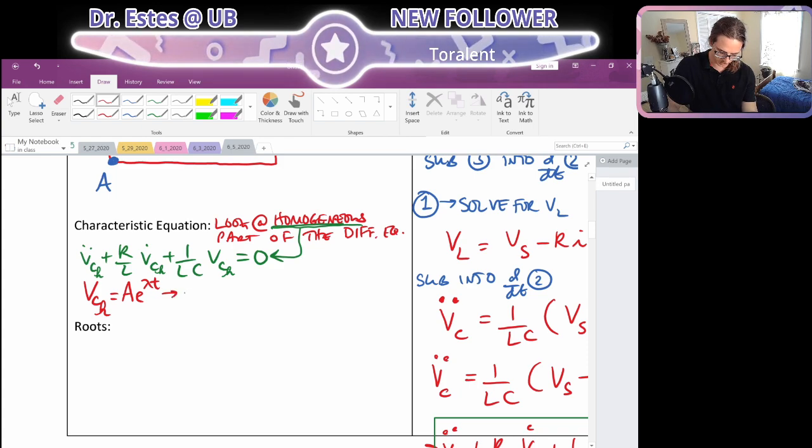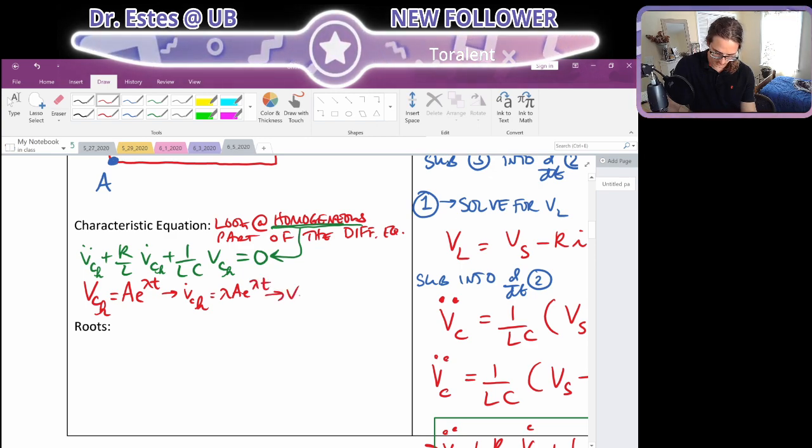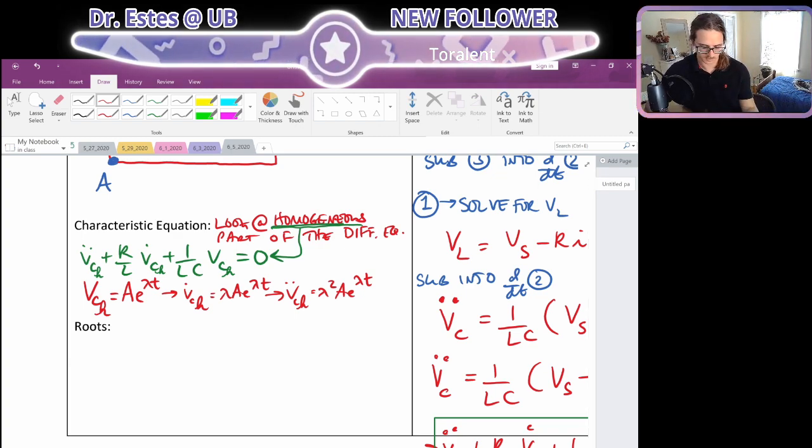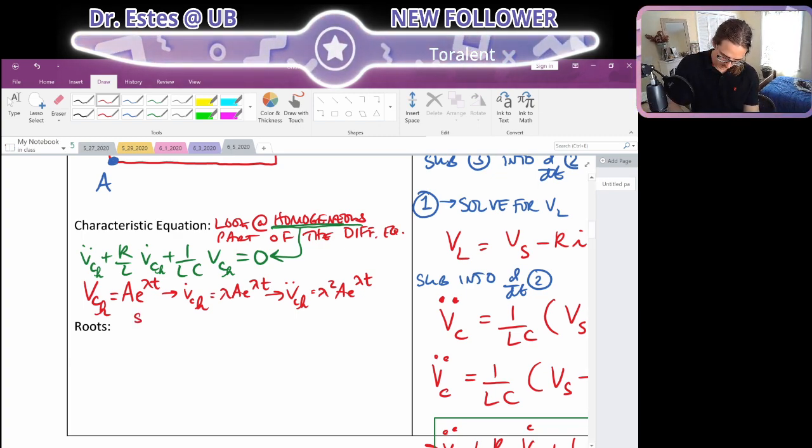And you know, this would imply that the time derivative is lambda A e to the lambda t. The second time derivative is lambda squared A e to the lambda t. And you substitute in, so you sub into the homogeneous part.